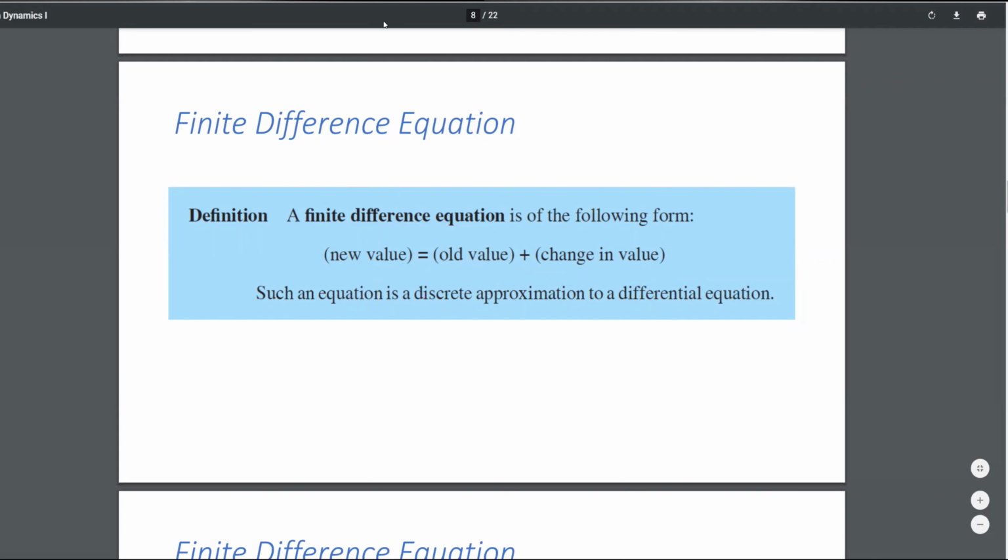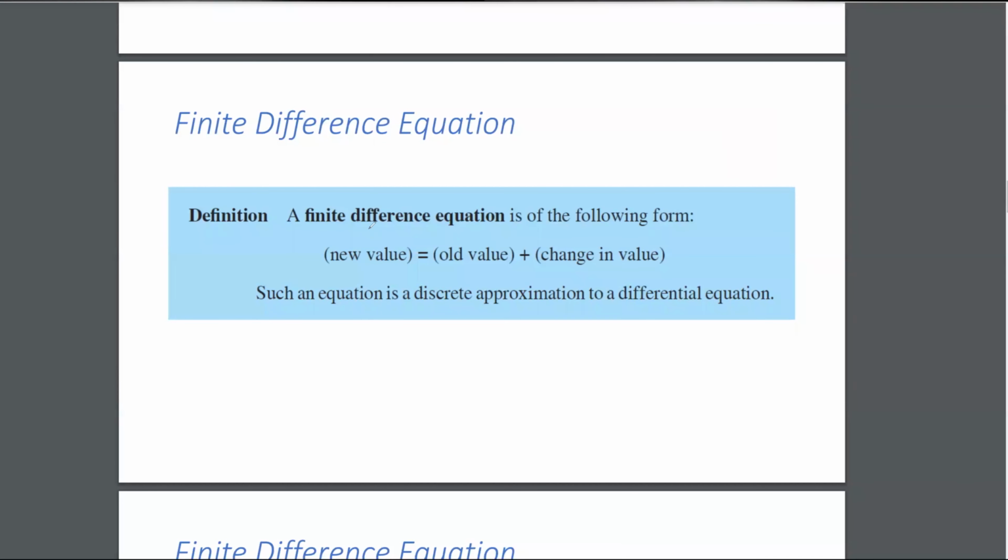In math, you can write this as P equals P0 plus delta P, the change in population. So the change in population plus the initial population is equal to the current population.